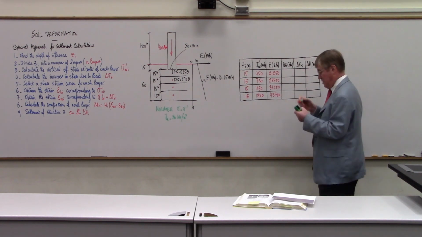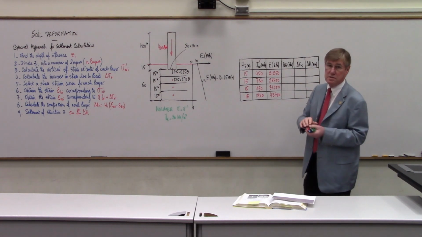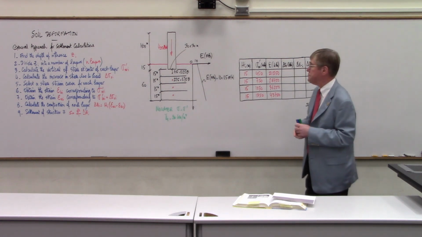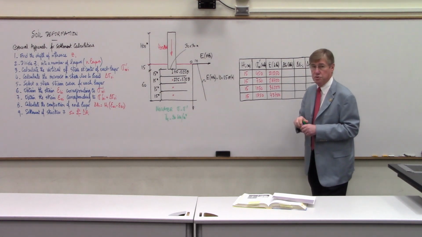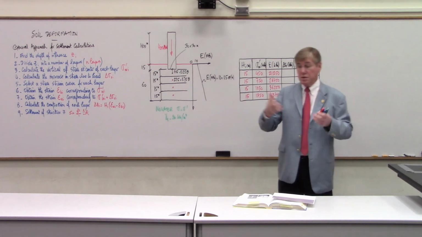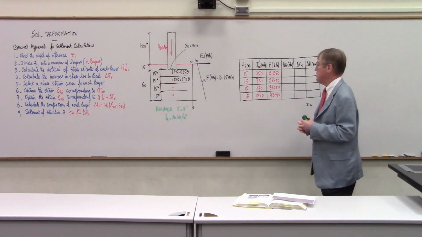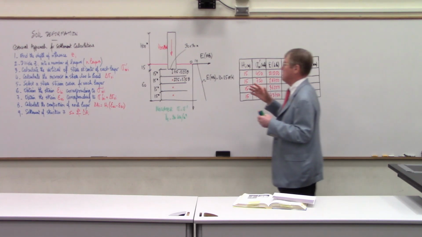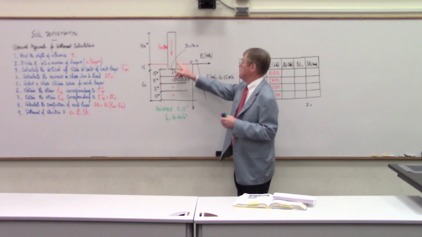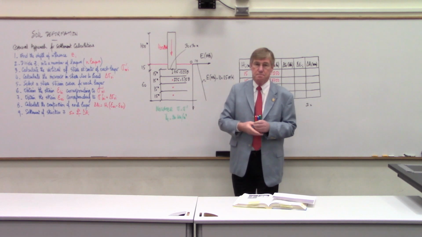Now we have to calculate the increase in stress at the center of each layer. And that's where we have to use the bulb pressure. We can use a number of methods, but the bulb pressure is a very convenient method. So the foundation is square, 30 by 30.